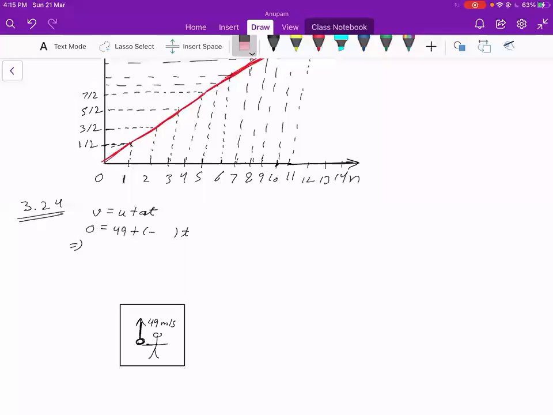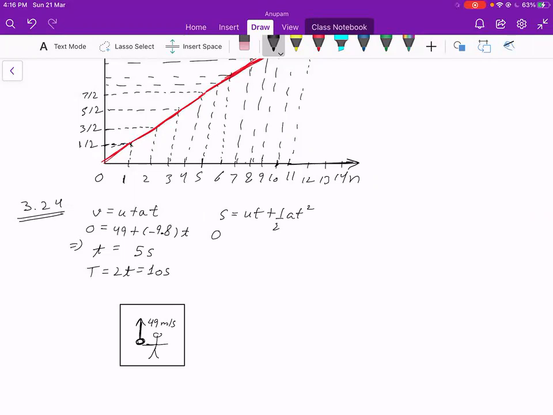You can take 10 also, but better you take 9.8, because 49 is a multiple of 9.8. If you do it like that, you'll get t equal to 5 seconds. So the total time of motion is 2t, equal to 10 seconds. That is one way. And I told you another way the other day, how to do that kind of question. You say s equals ut plus half a t square. s is 0 because you have come back to where you started, so the displacement is 0.